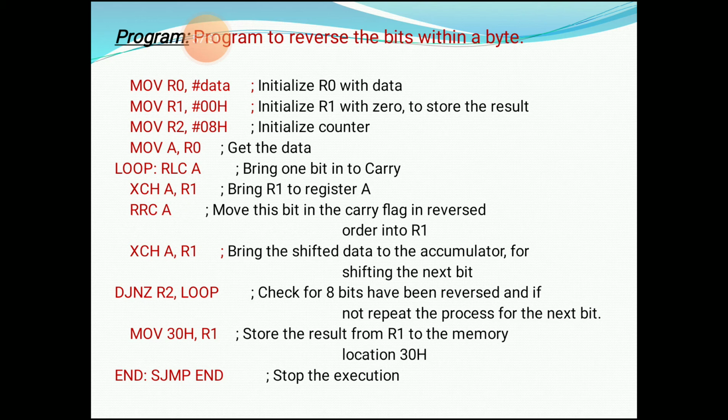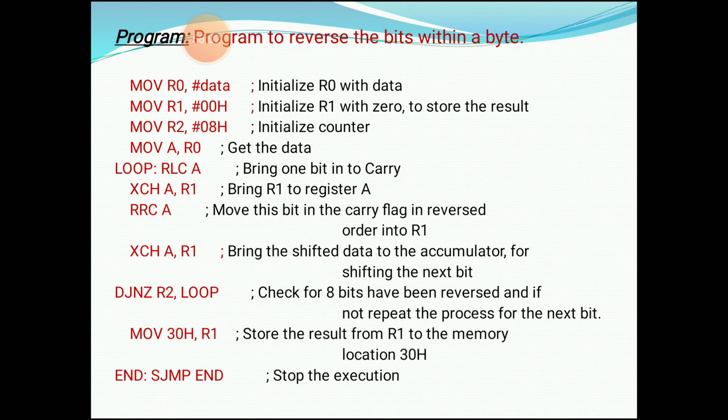Now perform the operation RRC A. This instruction loads the carry bit into the MSB of the accumulator. So the RLC instruction reads the MSB from the byte and the RRC instruction copies this bit into the other end. Now exchange the content of the accumulator A with R1.